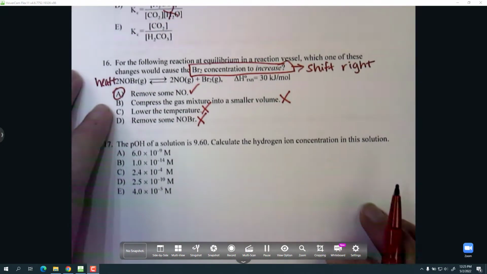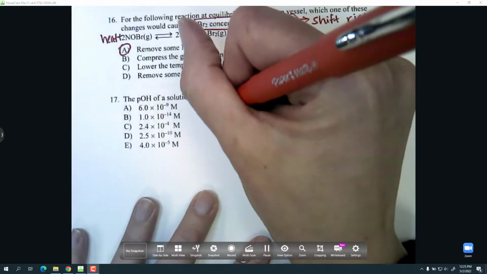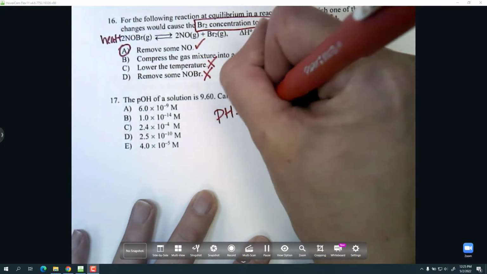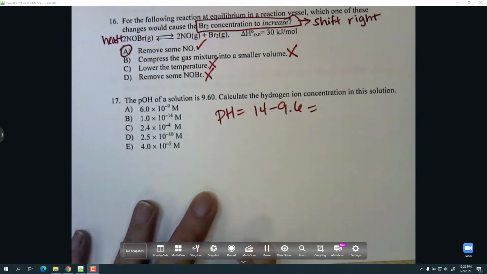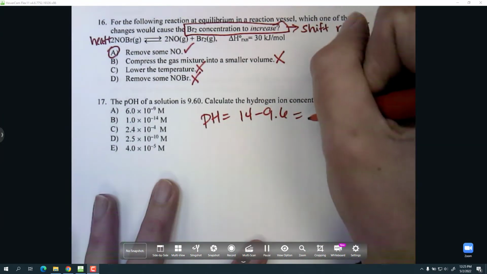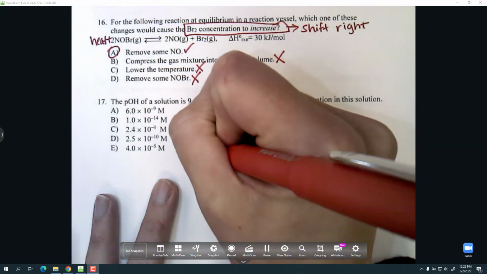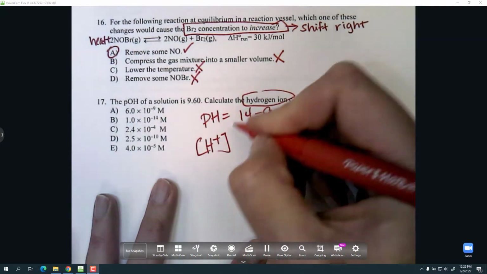pOH is 9.6, what's the hydrogen ion concentration? You can do this a few different ways. I'm going to start by figuring out the pH, which is 14 minus 9.6, because it says hydrogen ion, right? So I need the pH.